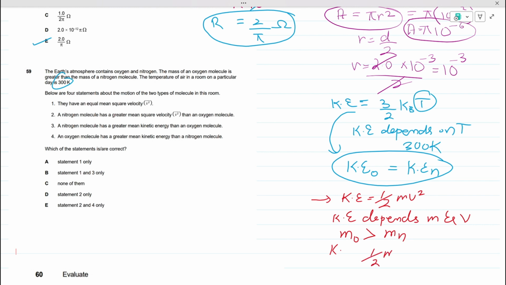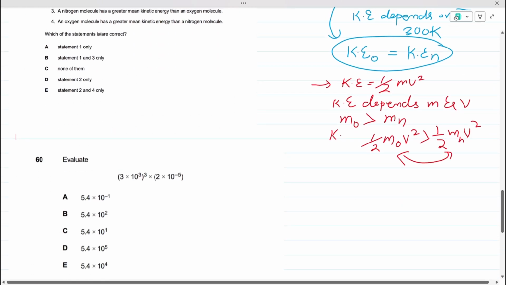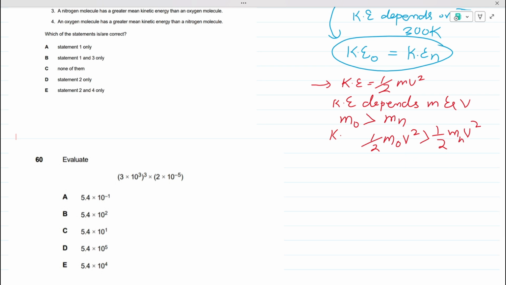From here we derived that half mass of oxygen into velocity square would be greater than half mass of nitrogen into velocity square. But we don't want this. We want these both things equal. We cannot change the mass of oxygen, right? We cannot change the mass of the nitrogen as well.